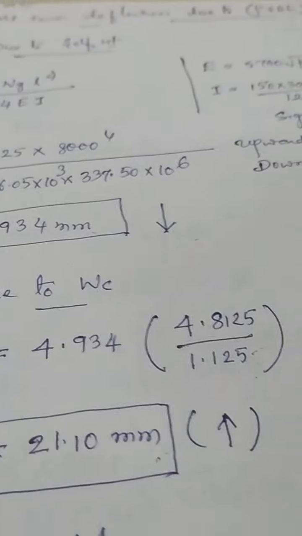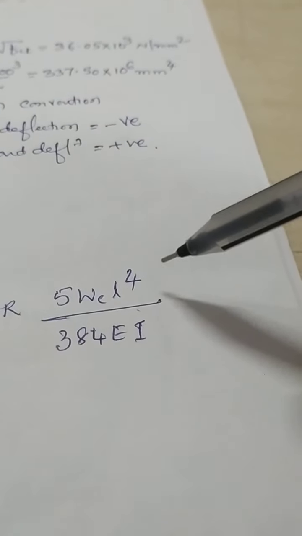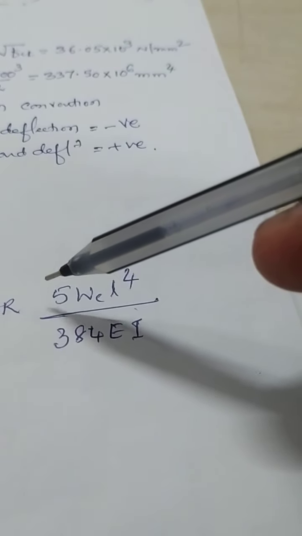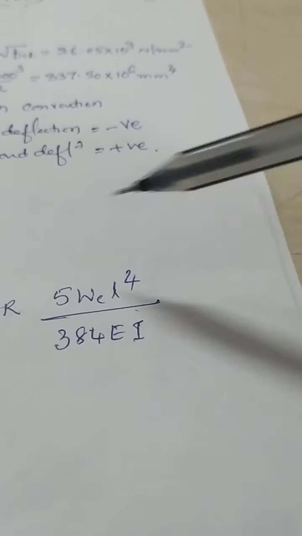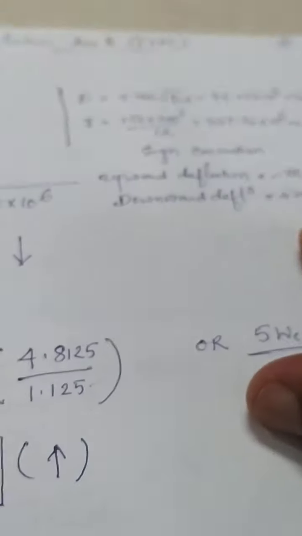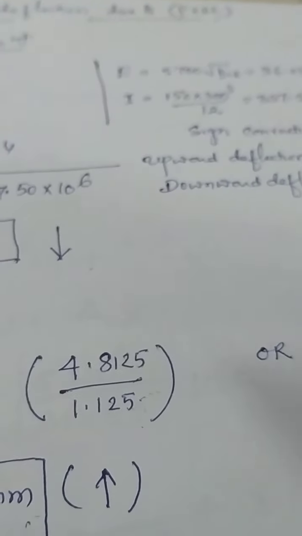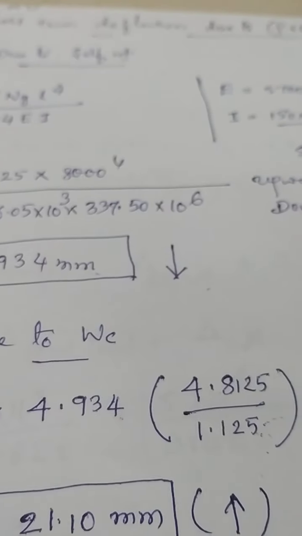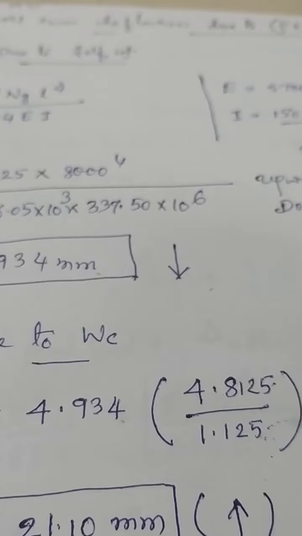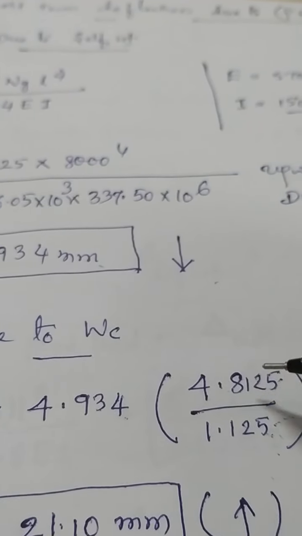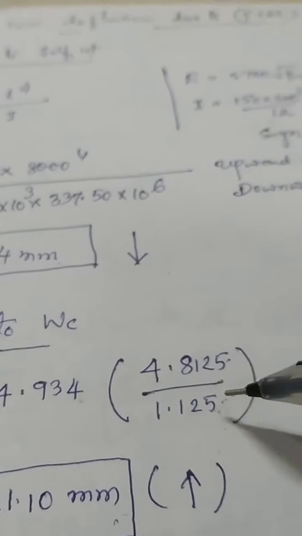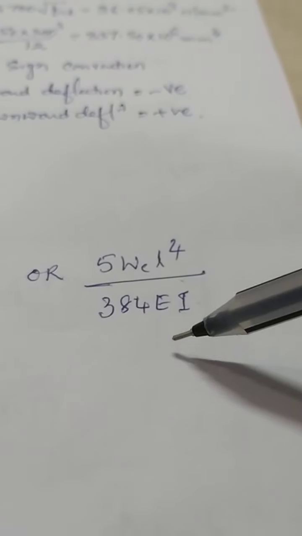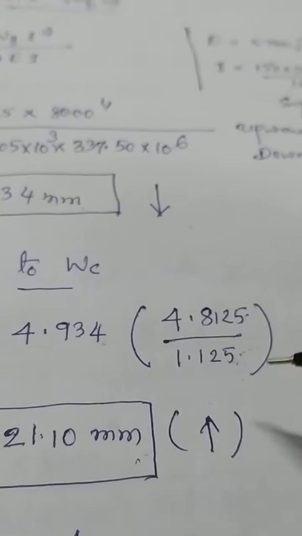The formula is the same for this also, 5WC L raised to 4 by 384EI. The only difference is 5, L raised to 4, 384 are all the same, only the UDL is changed. For W of 1.125, this is the deflection created. For 4.8125, how much? You can use this formula to calculate deflection due to WC, or you can go with the other one. That takes time unnecessarily, that's why you can use this one.